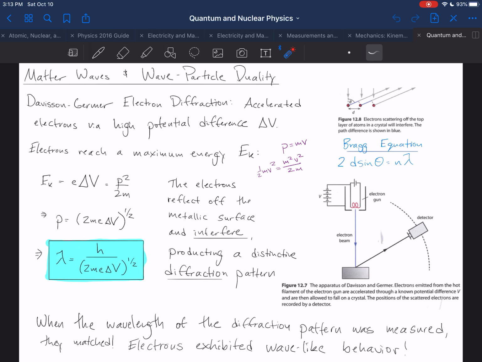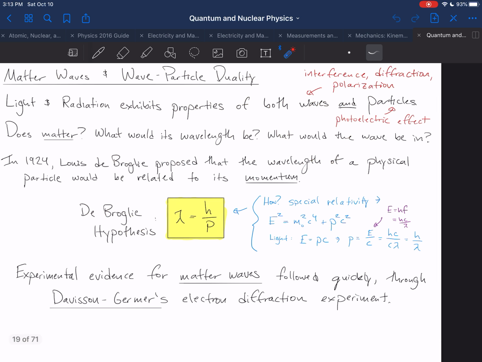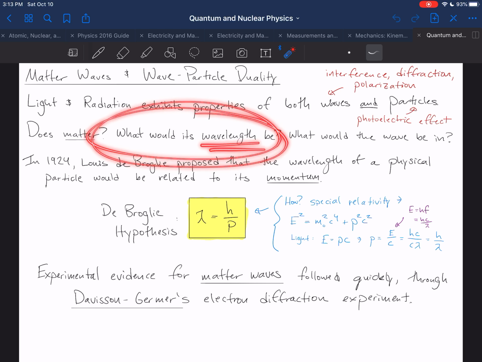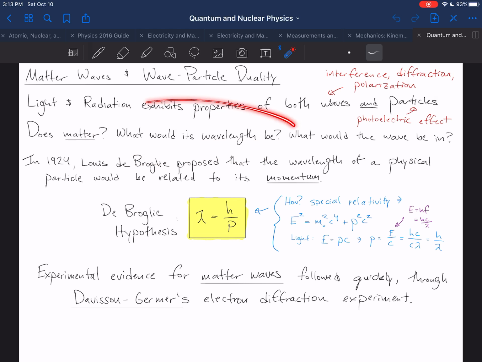And the really weird part of this set of experiments is at this point in history, we now have a really good answer to the question, what would the wavelength of the matter wave be? We know this answer pretty well, and we have no clue what the answer is to this one. We don't know what this wave is in, but we have an expression for the wavelength, one that has now been verified really clearly in the form of the Davisson-Germer electron diffraction experiment.